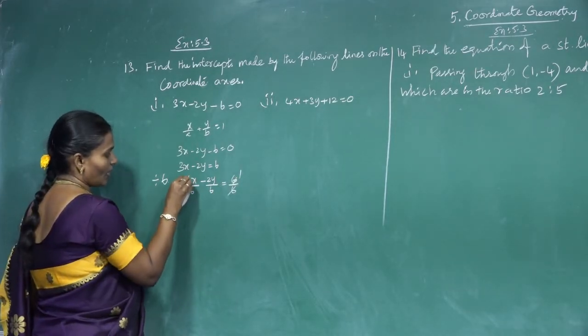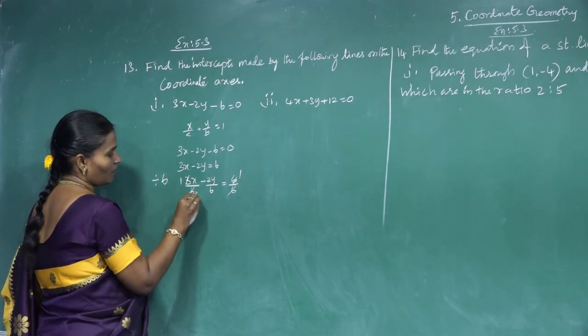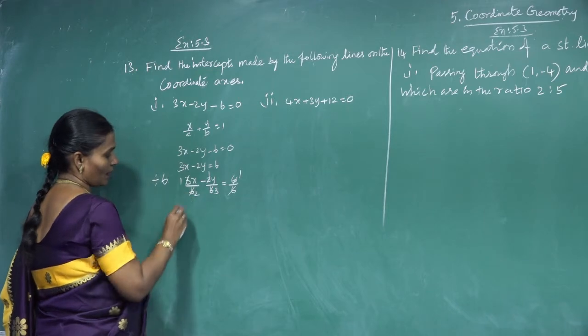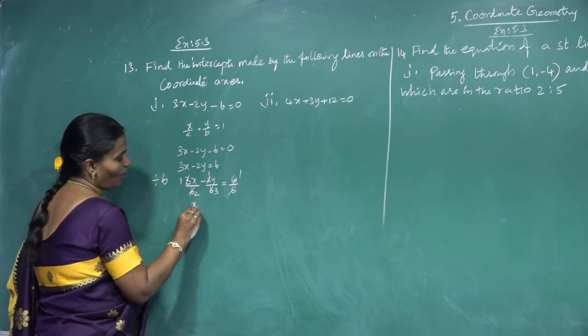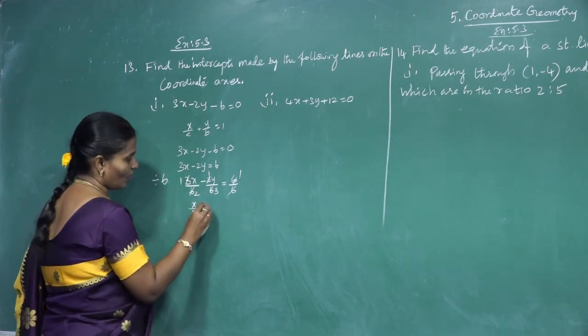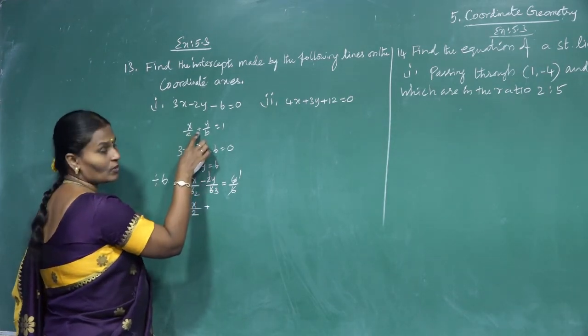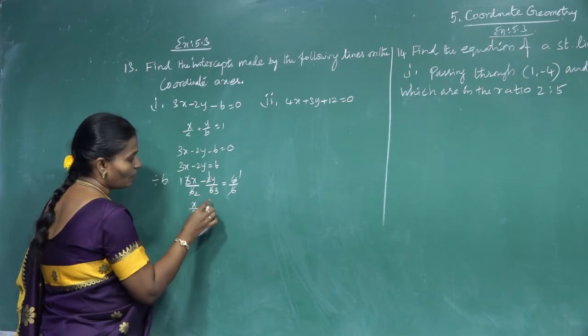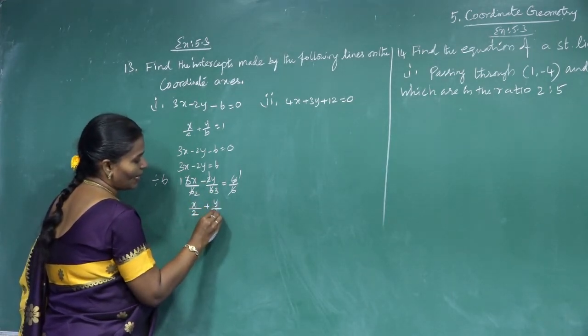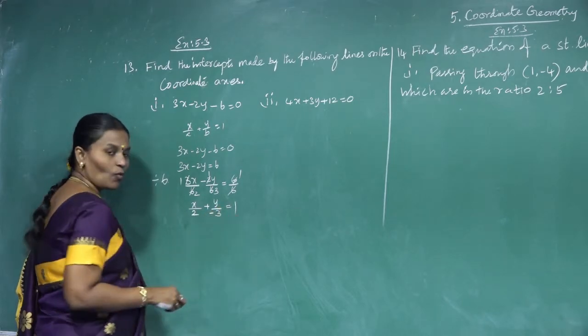Here see, you cancel with the third table, 1 time, 2 times. Cancel with the second table, 1 time, 3 times. So listen carefully, x by 2, this minus you bring to the denominator, because here there is no plus. So x by 2, y by minus 3 is equal to 1.